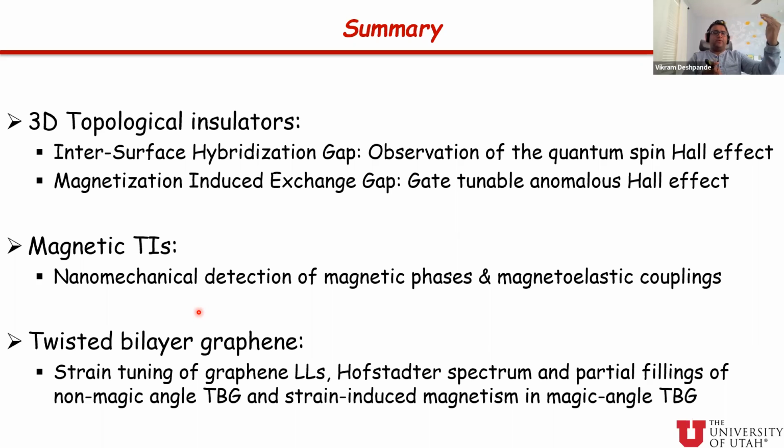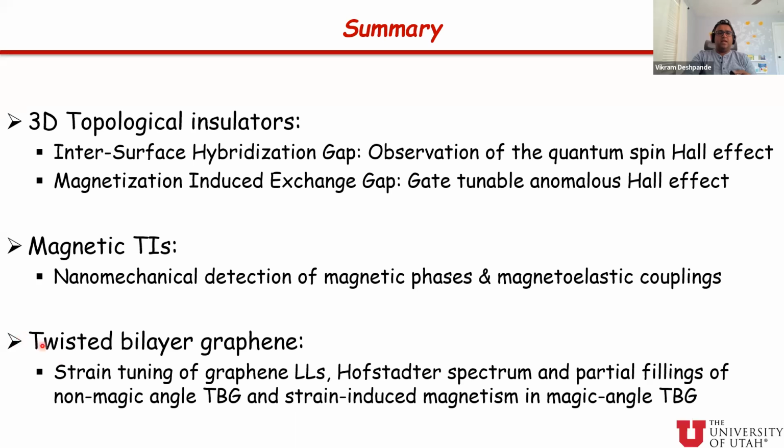And then I talked about how these two topics naturally led into two more topics, namely the topic of the magnetic TIs, which was, in some sense, a naturally occurring heterostructure between ferromagnets and TIs. And here we used a nanomechanical technique to detect magnetoelastic couplings.